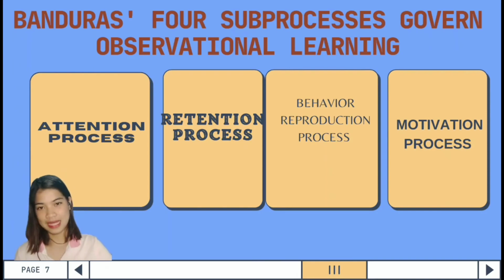Lastly, we have the motivational process. It involves the incentive or motivation to perform the modeled action. This process focuses on all those factors that influence a person's motivation to perform. Unless this process is completed, the person will not perform the action. It is the process by which you push yourself to perform the specific action.